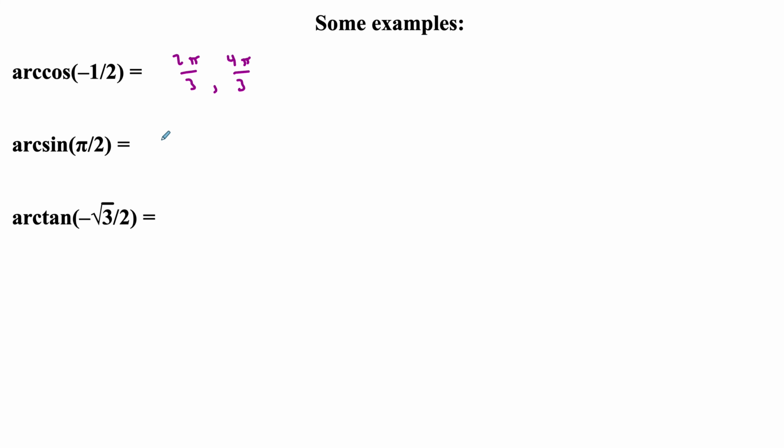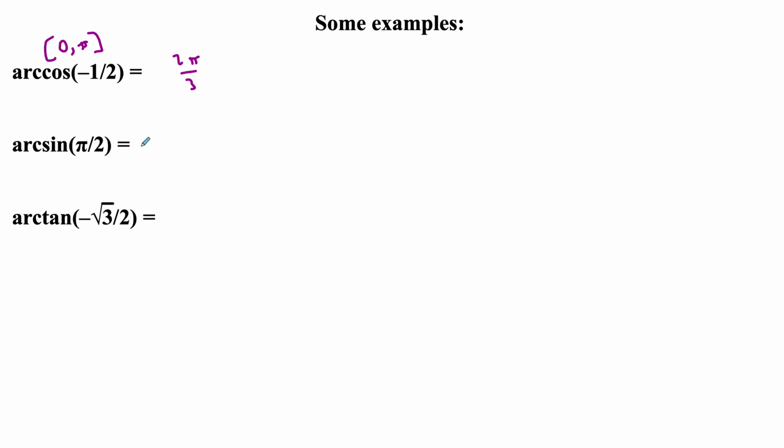Now, the thing about arc cosine is we're not going to get all the possible values. Because the arc cosine has an output between 0 and pi, we're only going to get 2 pi/3 as our answer, okay? So it's important to remember for arc cosine, the outputs are going to be between 0 and pi, in other words, quadrant 1 and quadrant 2.